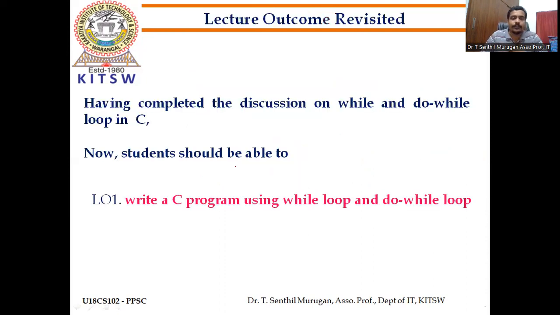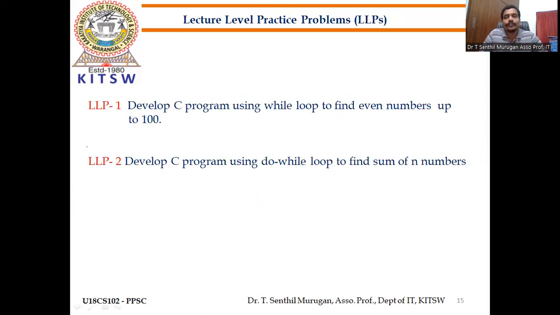To end this video, having completed the discussion on while and do while loops in C, students should now be able to write a C program using the while loop and the do while loop. These are lecture level practice problems.